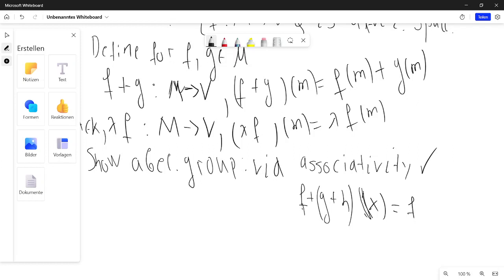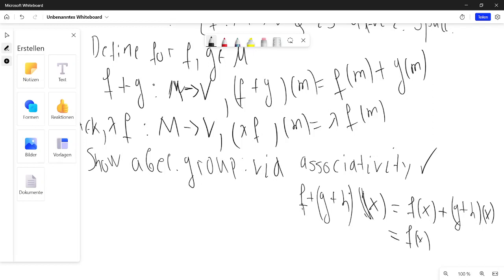We take g plus h as a resulting function and apply f plus g plus h to this x, which is, by the definition we have given, f applied to x plus g plus h applied to x. g plus h is just a function from M to V, obviously, because it is defined to be such a function.